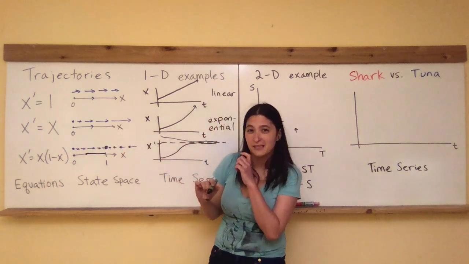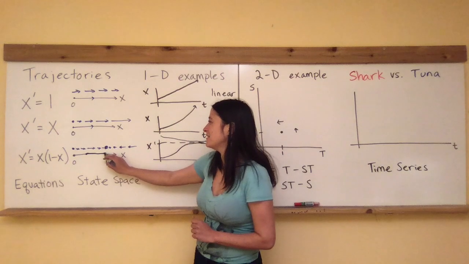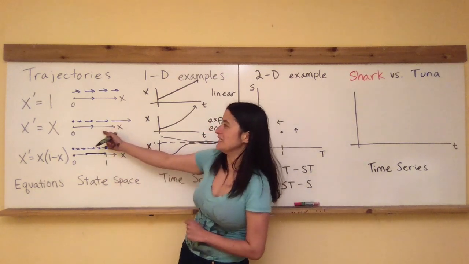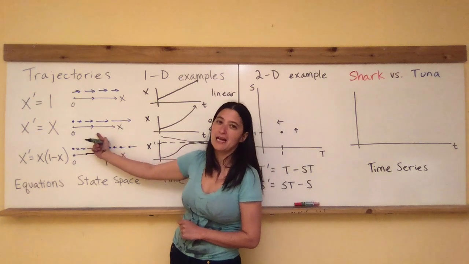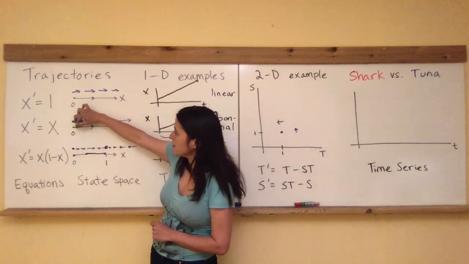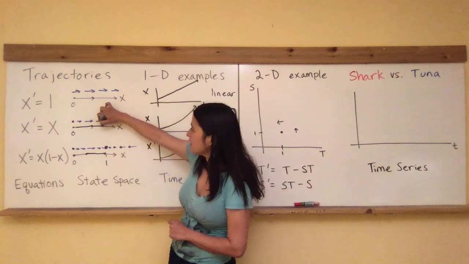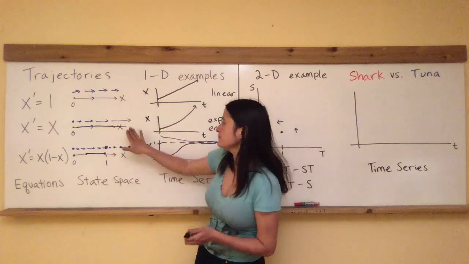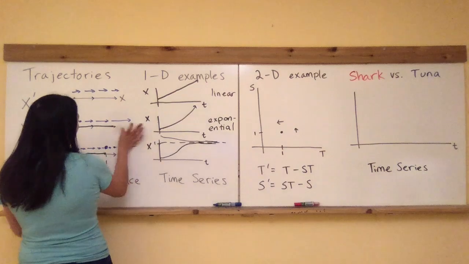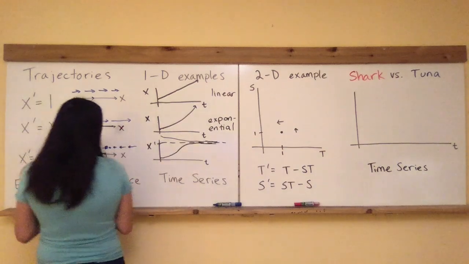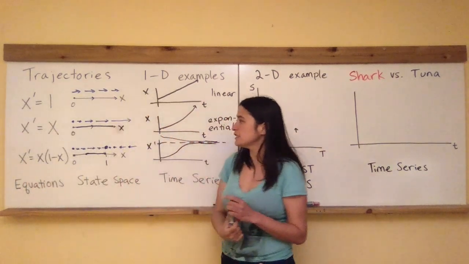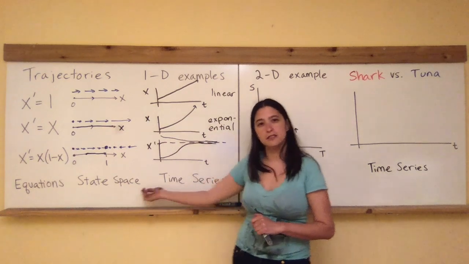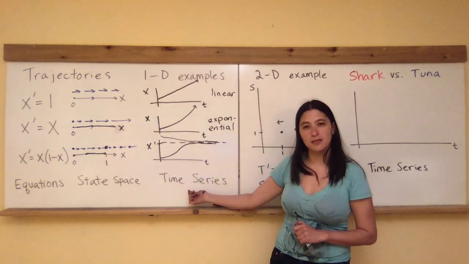I'm never going to quite get there, but that's for later. It kind of goes towards 1, right? A trajectory in this sense is exactly this black arrow that I've drawn here, where no matter where you start, you're just going to keep going along the line. Okay, so those are all one-dimensional examples, and hopefully you're starting to appreciate the information that you can get when you see a trajectory in the state space versus a trajectory in a time series.